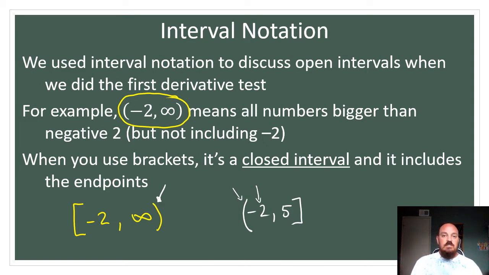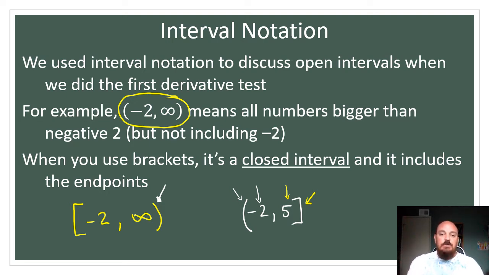Because the -2 is connected to a parenthesis, you don't include that number in the interval. But over here on the right, the 5 is connected to a bracket, so you do include that number. So that's a review for you guys on how interval notation works with open and closed brackets.